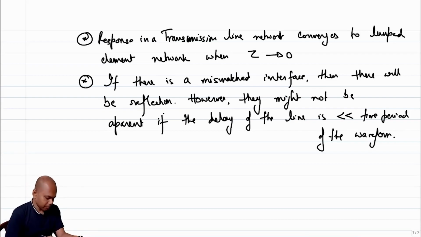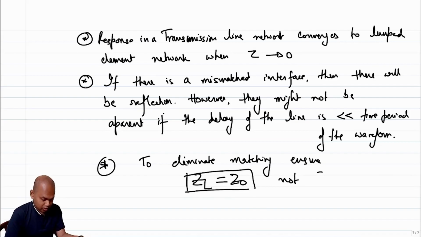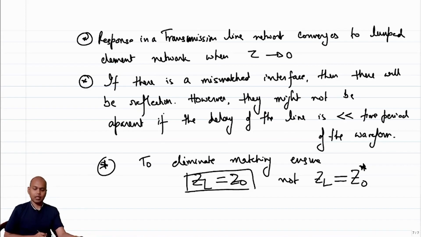Okay. The third important thing that I have not mentioned explicitly: to eliminate reflections, ensure ZL is equal to Z0. This is not the same as ZL is equal to Z0 star, right? Some of you from your UG days must have gone through the maximum power transfer theorem.